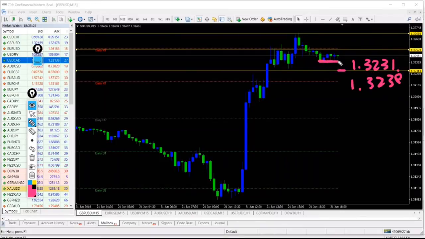Whenever the price gets closer to these levels, what you do is wait. And if the market gets below the 32.39 or 32.31, that is the moment to say, okay, the market is not keeping the buy transactions anymore, so I just need to get out of my long trade.